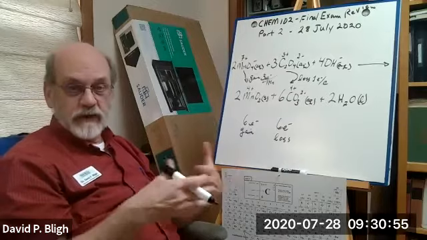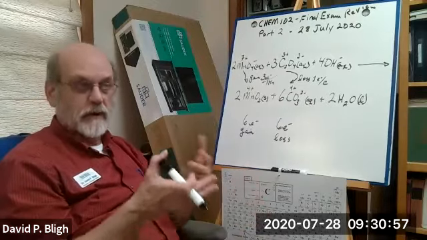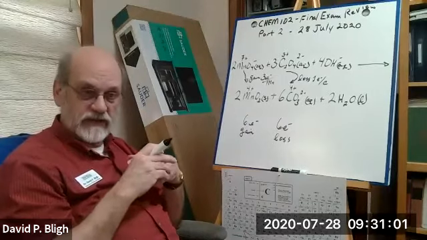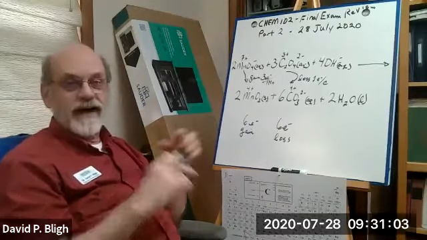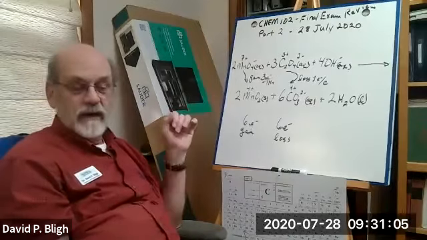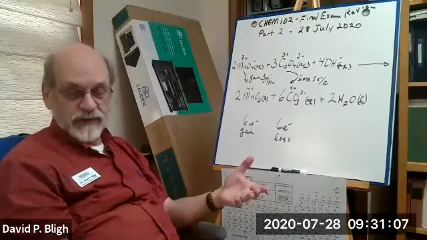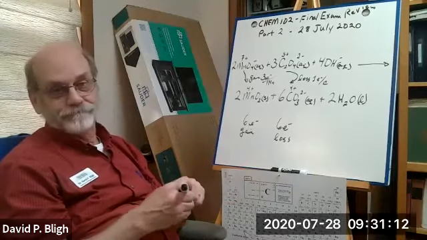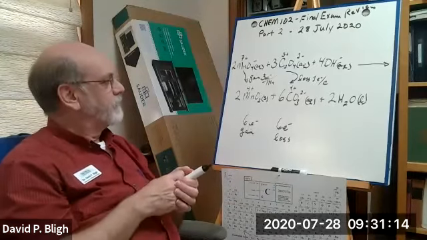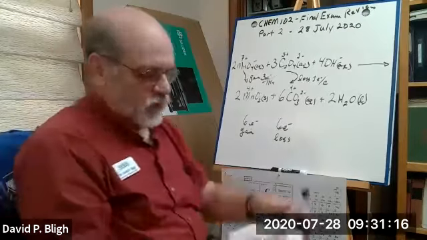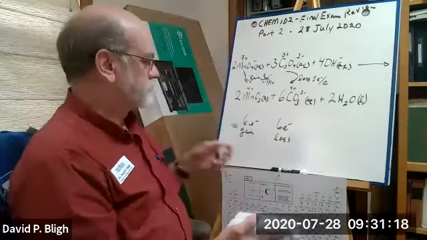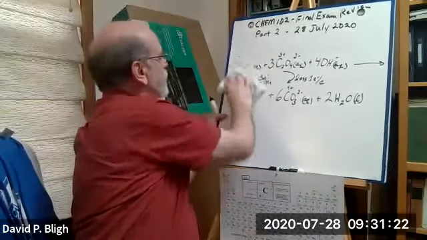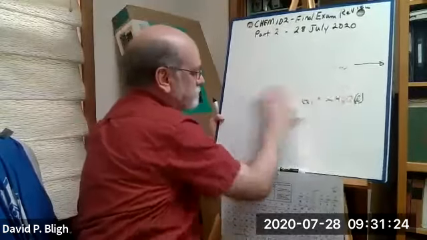Then you would be able to go to your standard reduction potential chart, find those half reactions, and calculate a standard potential. Okay? All right, so I don't want to waste too much time doing that. That's just the way it would have to be done.